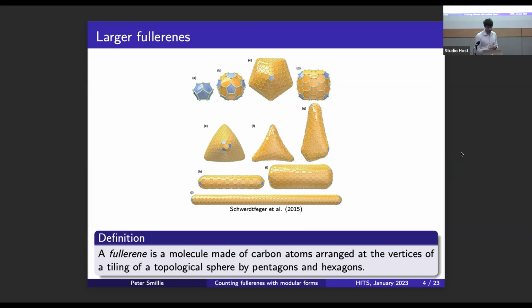In this picture, the blue ones are all pentagons, the orange ones are all hexagons. And I've called it a topological sphere. By that I mean it's the shape of a sphere, but it's topological, so it can be stretched. It doesn't necessarily look like a round sphere. All of these shapes are of interest.